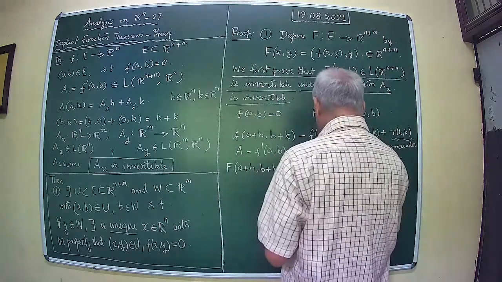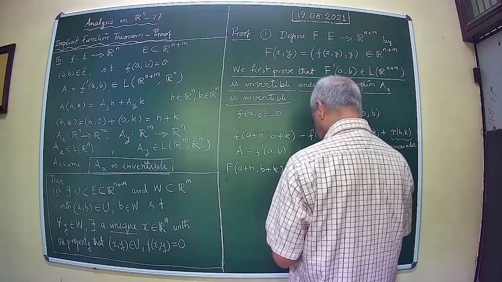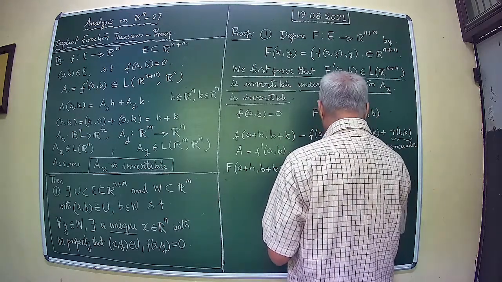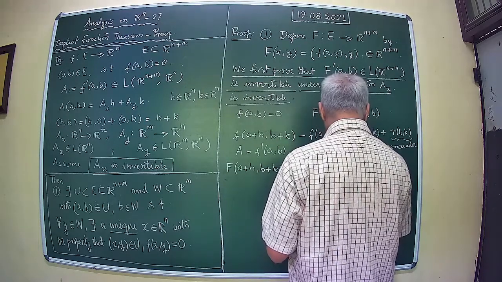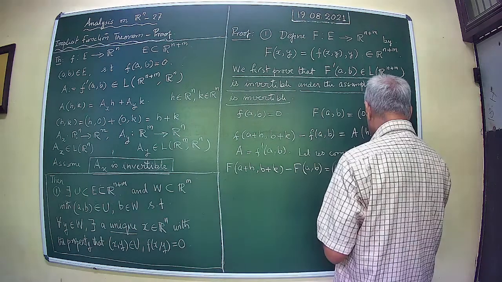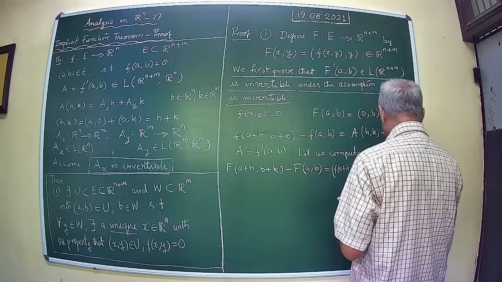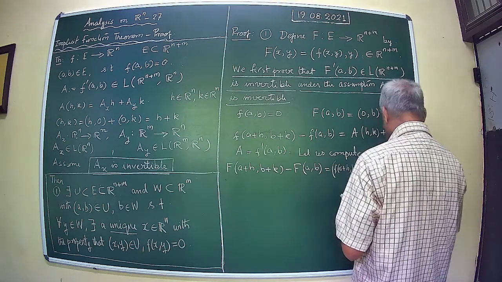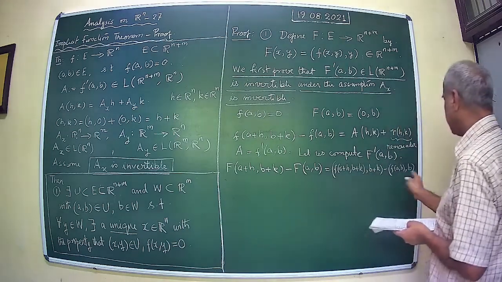This is equal to f of A plus H, B plus K, and f of AB is 0.